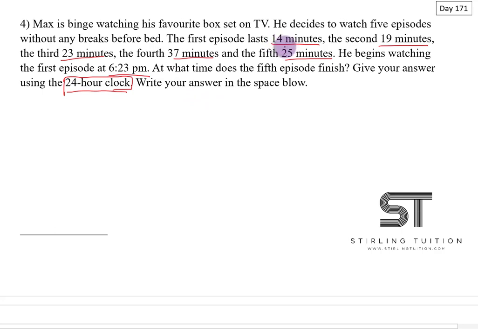So, easiest way I think to do this is add together how long all the episodes lasted, turn that into hours and minutes, and then add it on to what the time was whenever he started watching. So I'm going to add 14, 19, 23, 37, and 25. Put these all together. So, see if we can do it in an easier way. So I'm going to go it this way.